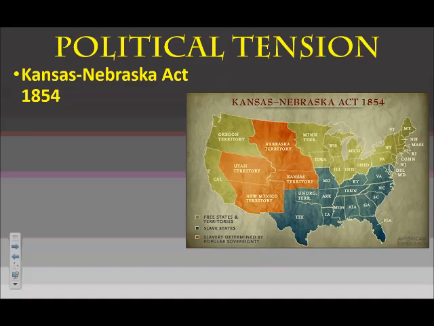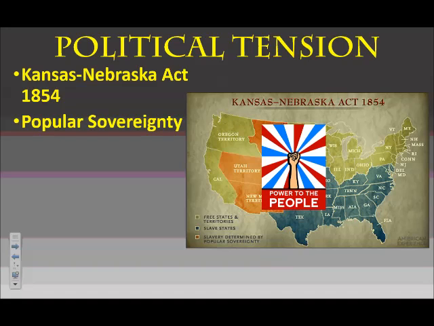The Kansas-Nebraska Act also extends the issue of popular sovereignty to these territories, meaning that the citizens, the people living there, will get to vote: will this be a slave or free territory?